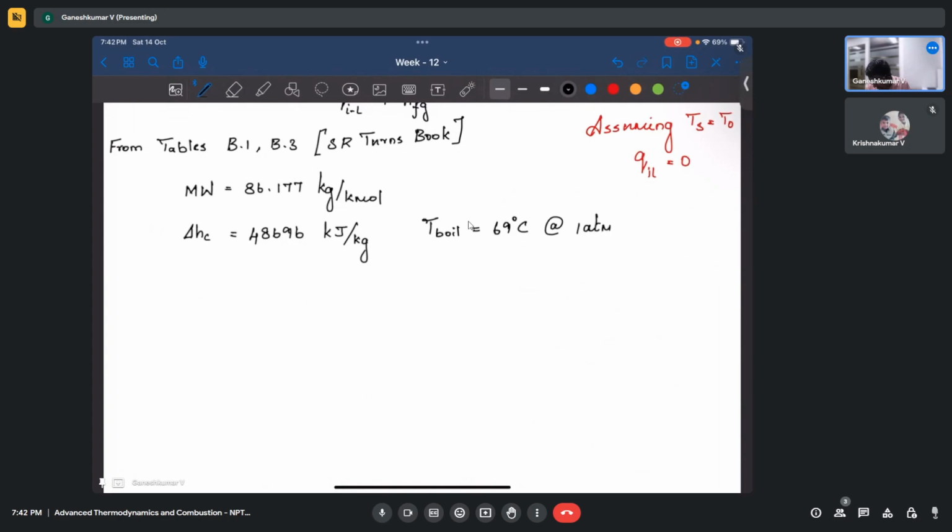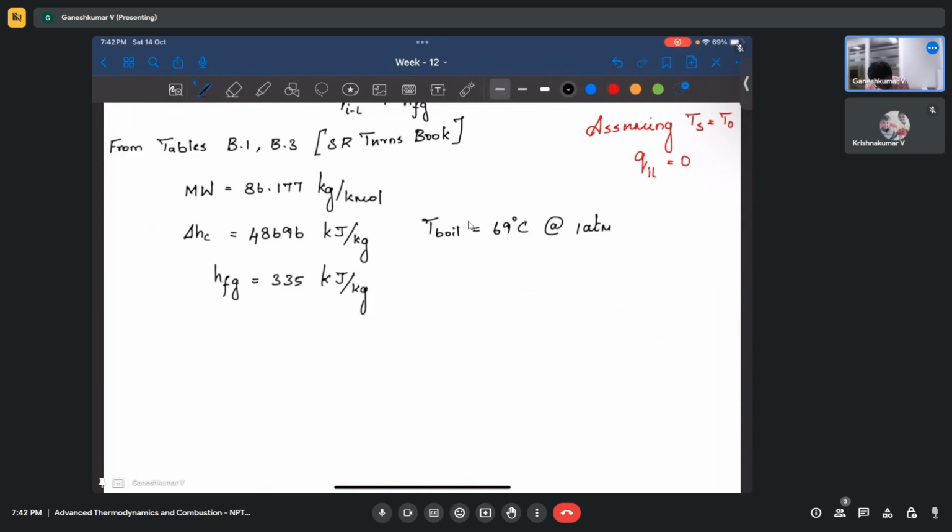And HFG for N-hexane is 335 kilojoules per kg.